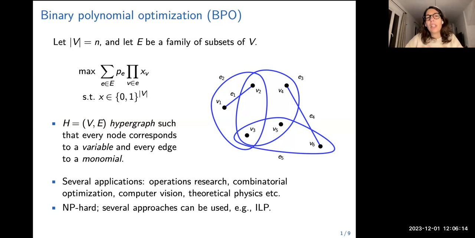Nevertheless, several approaches have been proposed, for example reducing it to a quadratic function and exploiting the rich literature on it, or simply writing it down as an integer linear program. Several linearization schemes can be used, but the simplest one would be adding one variable for each monomial, putting the definition that this variable must be equal to the product in the constraints, and relaxing them.